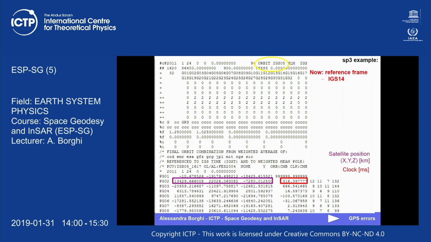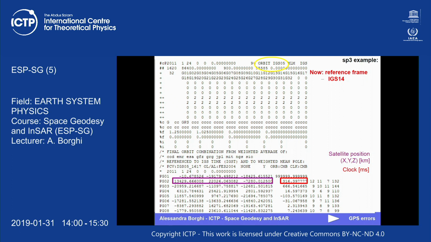Okay, this is an example of an SP3 file. The file called name of file point SP3, .sp3, sorry, are the files where we can find the final ephemerides.